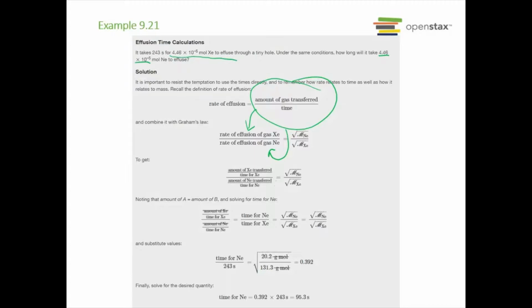It doesn't even matter how many moles of each one we have. All they had to tell us was that the amounts were the same. So then that gets us 1 over the time for xenon divided by 1 over the time for neon, which simplifies to the time for neon divided by the time for xenon.